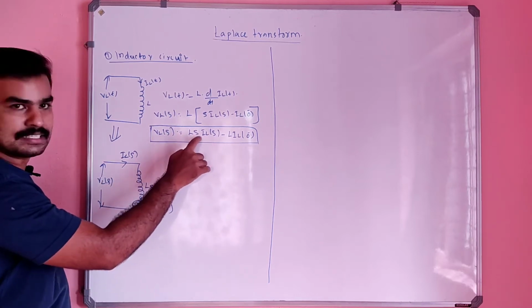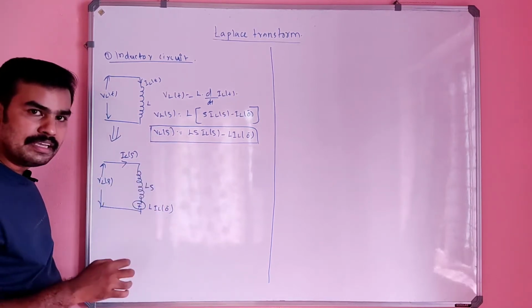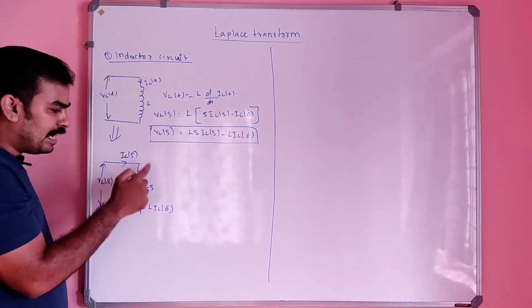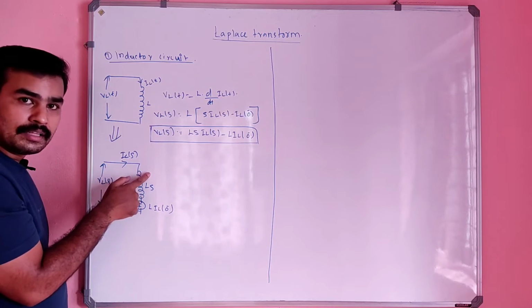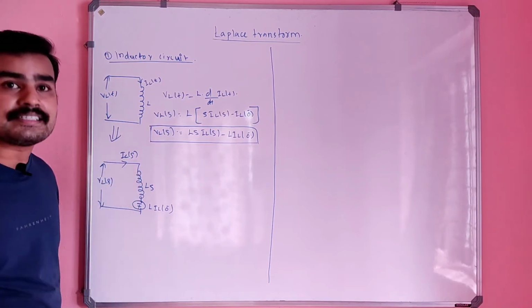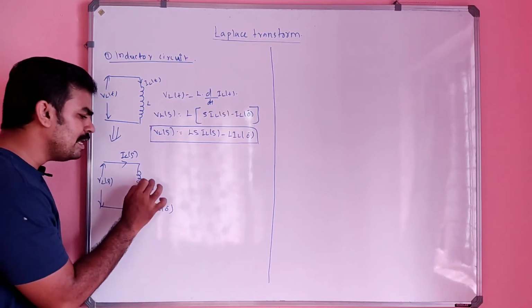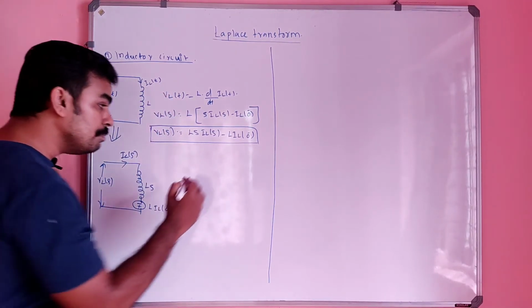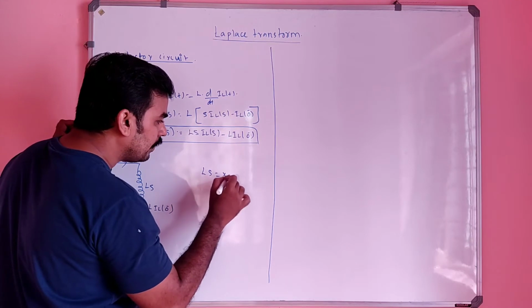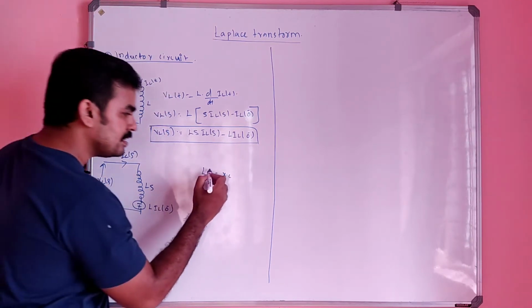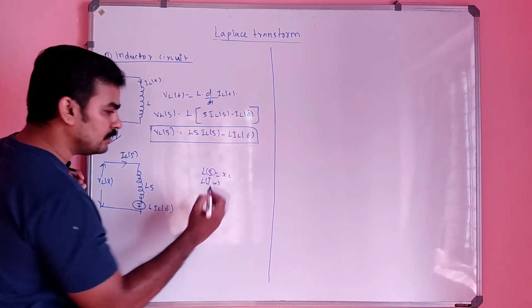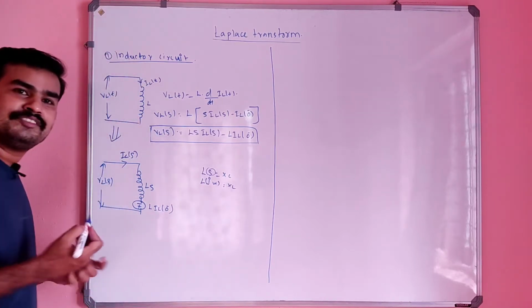So when you convert the inductor in the time domain to the inductor in the S domain, its value will be L into S. If you multiply this inductance L with S, it will become XL, because S is nothing but j omega. So L into j omega is nothing but XL, simple.